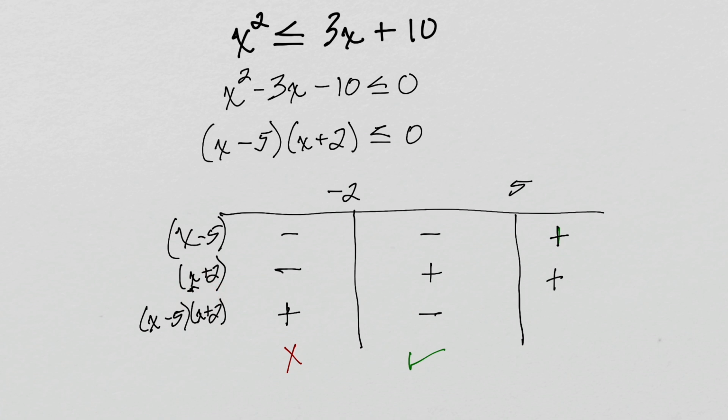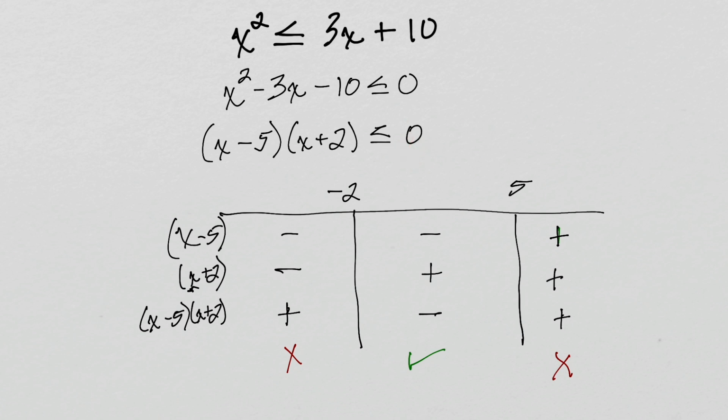So positive. And then positive times positive, that ends up being a positive also. So that cannot be part of our solution because we want this to be less than or equal to 0. So it's not.